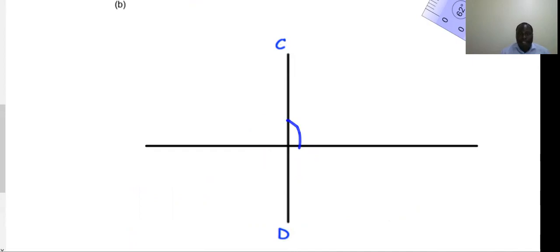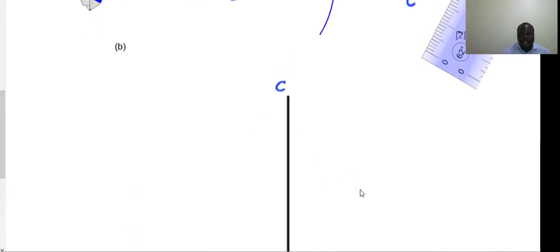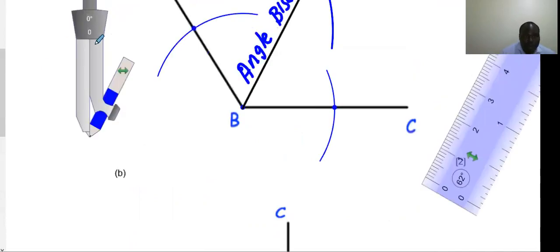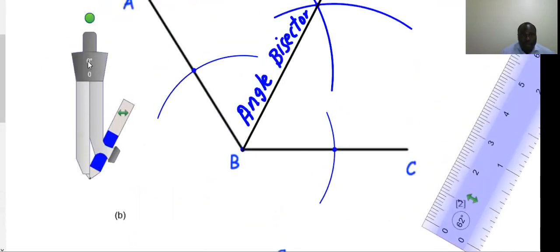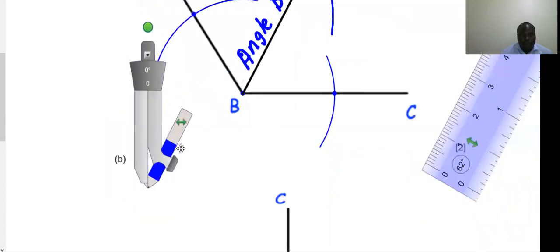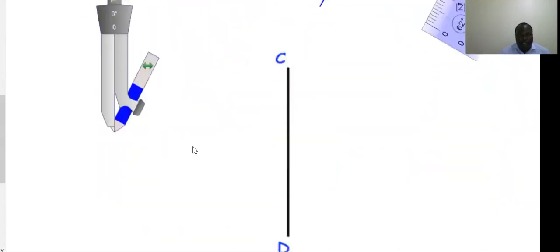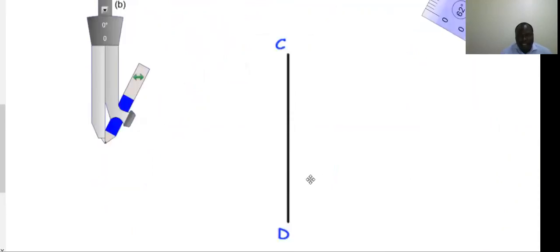Now the question is, how do we construct that line? We need the same tools to construct the perpendicular bisector.